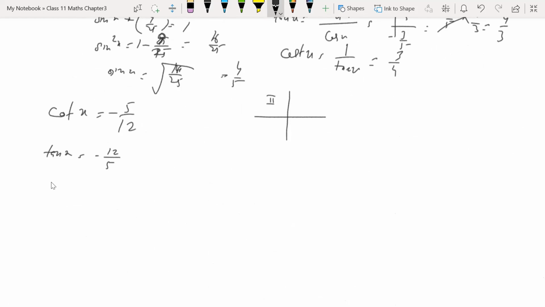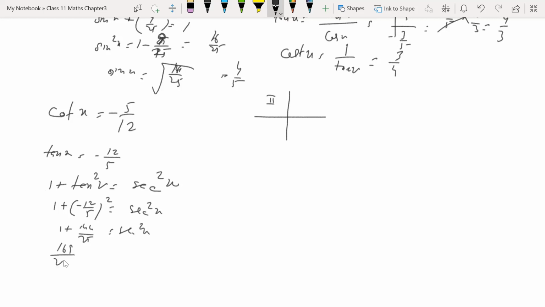We have the trigonometric identity: 1 plus tangent square x is equal to secant square x. 1 plus (minus 12 by 5) square is secant square x. 1 plus 144 by 25 is secant square x. 169 by 25 is secant square x.